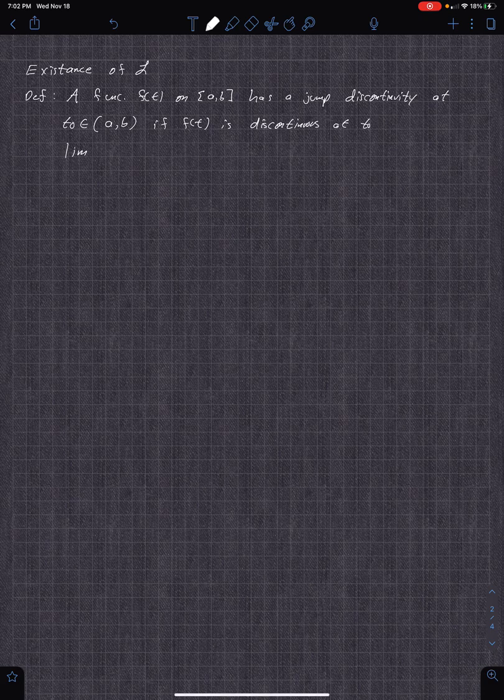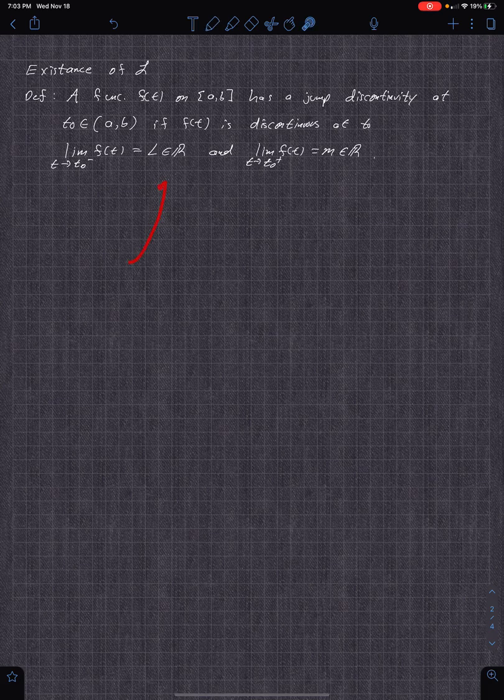So the limit of f of t as t approaches t naught on the left equals a real number, and the limit of f of t as t approaches t naught on the right equals a real number. So both exist and are finite is the idea.